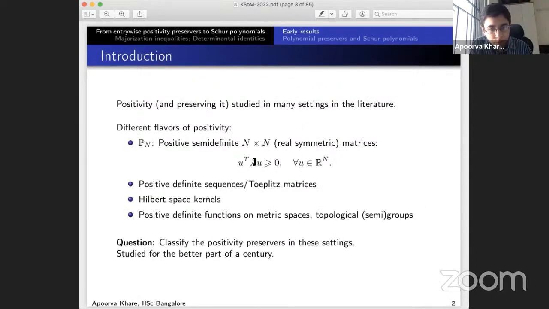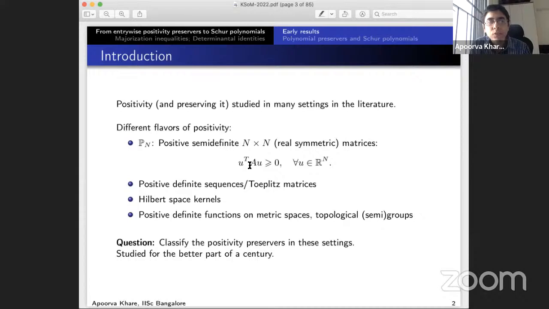In fact, if I have f[A] satisfying this property and g[A] satisfying this property, then you clearly know that 2 times f[A] will also satisfy the same property. If f[A] is positive semi-definite, then twice f[A] is as well. Similarly, f[A] plus g[A] is also positive semi-definite if both of them are.